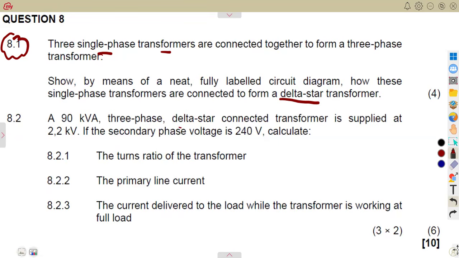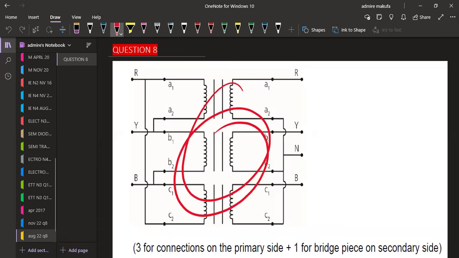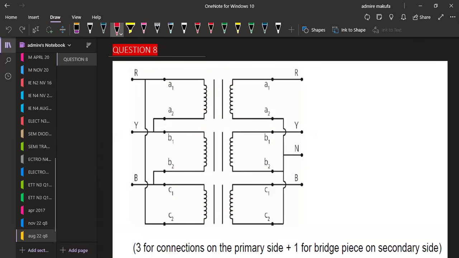All right, so this is the diagram that you're supposed to consider where we are given this connected to give a single unit at the end. So in this case, what we are worried about is the part of the input. Remember your delta and also your star. That part is not gonna change. So the marks that you're given are 3 for the connections on the primary side plus 1 for the bridge piece on the secondary.